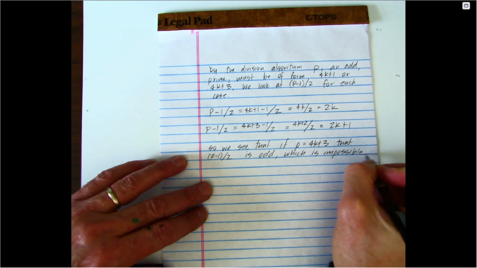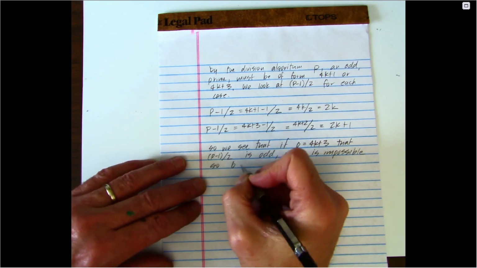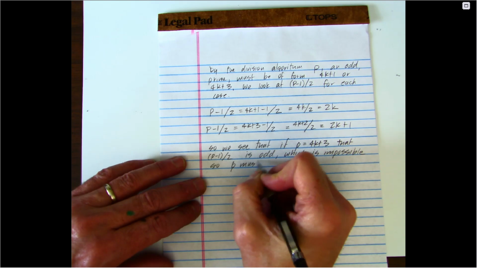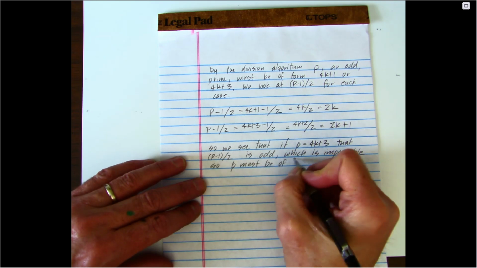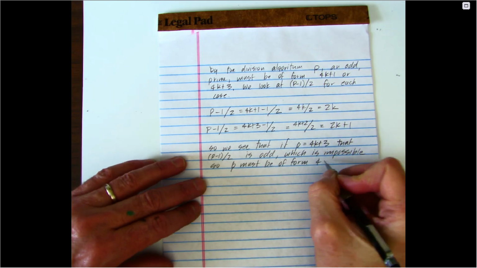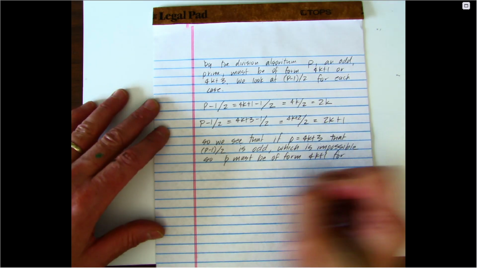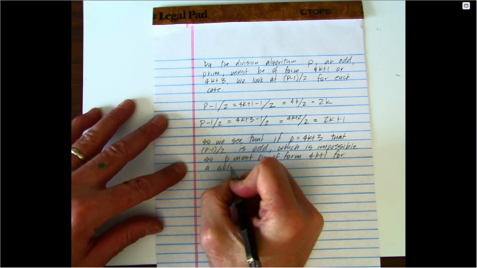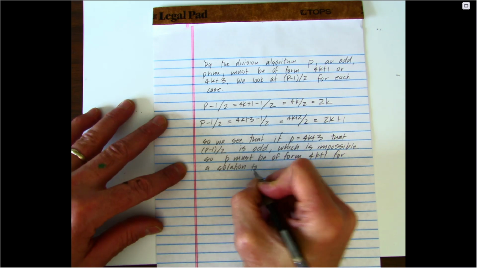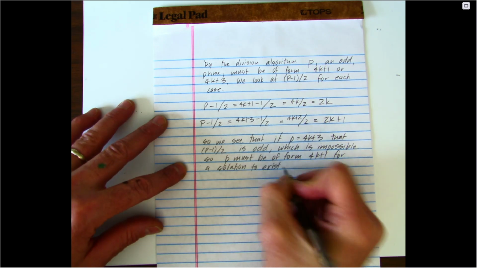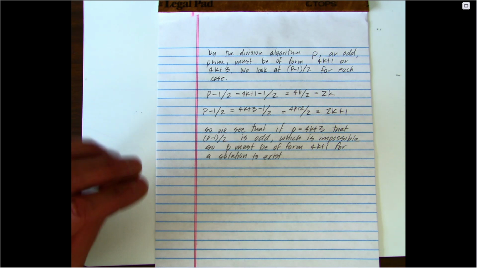So p must be of form 4k plus 1 for a solution to exist. All right, so that's the forward direction in the proof.